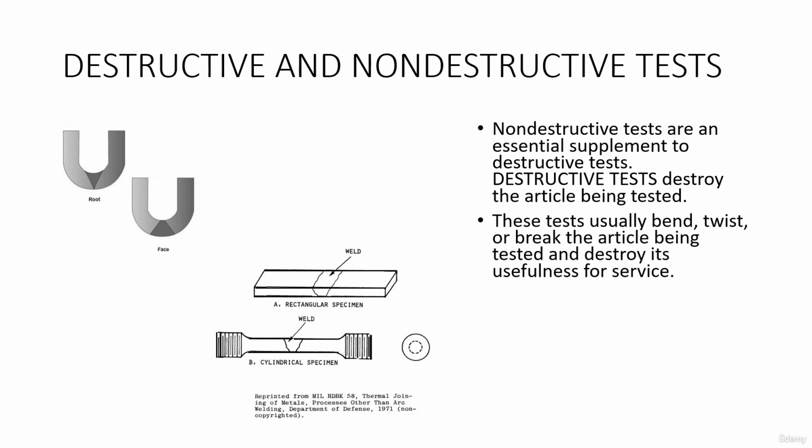With destructive tests, we're going to bend something, break it, twist it, and destroy it, and wreck its usefulness for service to see what mechanical properties or chemical properties or whatever material properties that test sample has. Well, if we want to put something into service, we can't destroy it and then expect it to work well.